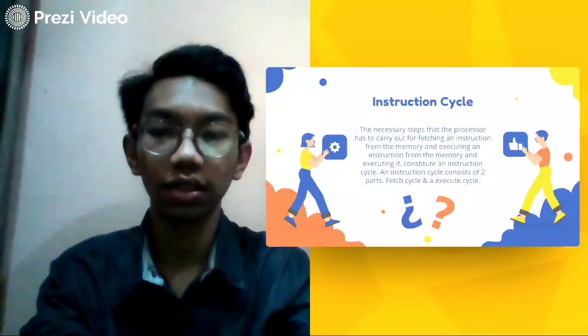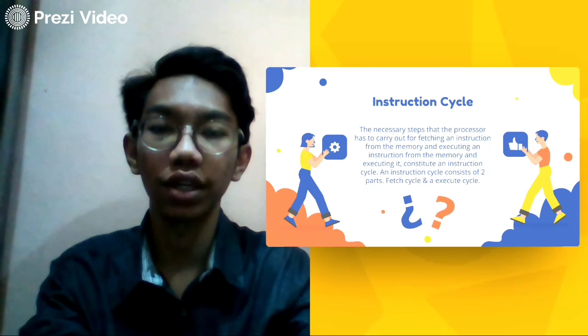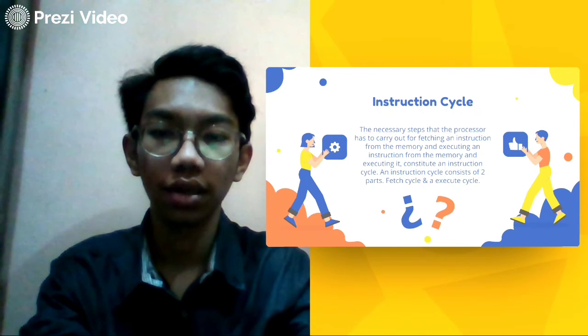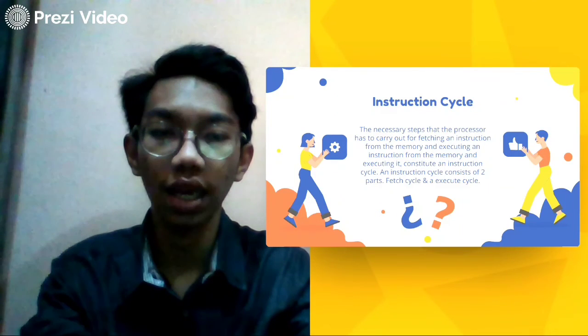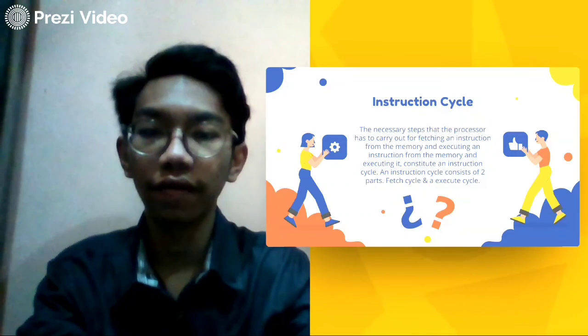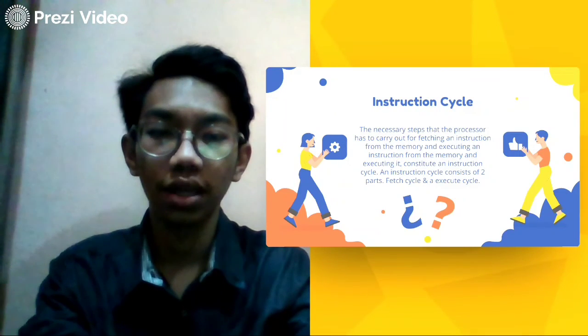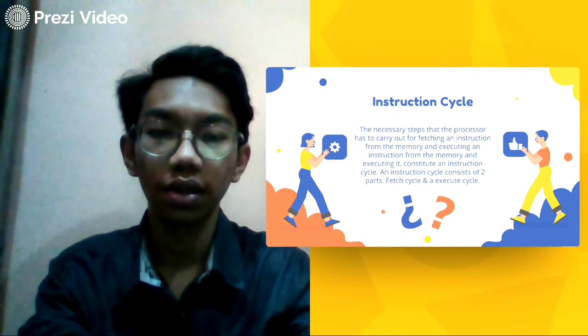Instruction cycle. The main function of the CPU is to execute programs. The CPU fetches one instruction at a time from the memory and executes it. Then it fetches a different instruction to execute it. The CPU repeats this process till it executes all the instructions of the program.